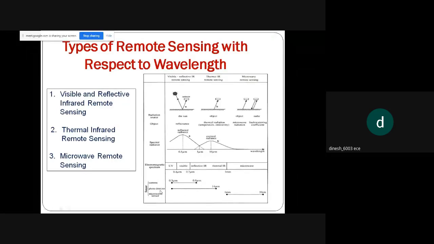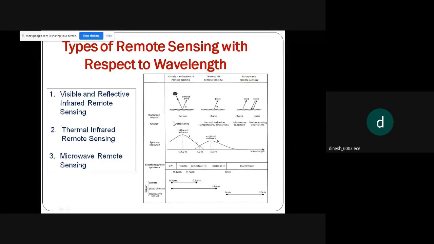Photo detector from 0.3 to 14. Microwave sensor from 1 millimeter to 30 centimeter. So the electromagnetic spectrum being utilized is visible light. You can see the visible spectrum. So the reflected radiance will be at 0.5 micrometers. So the object is being identified by the reflectance principle.